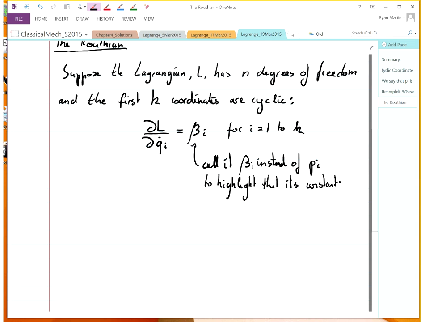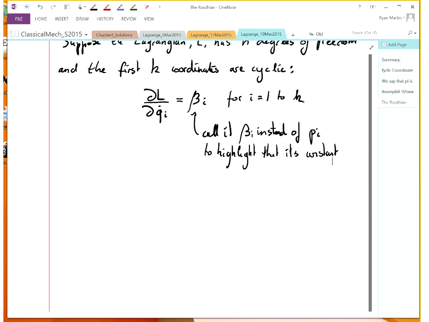So only for the first k variables is this true. Okay? So it's only for i equals 1 to k that the ∂L/∂q̇_i are constants that we call beta_i.